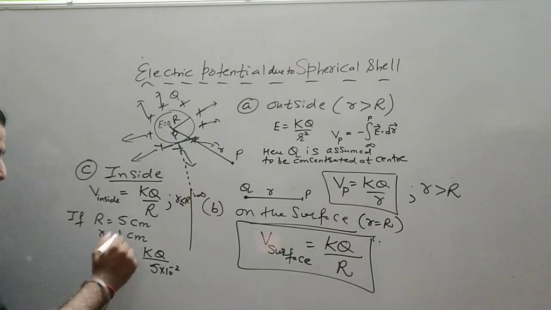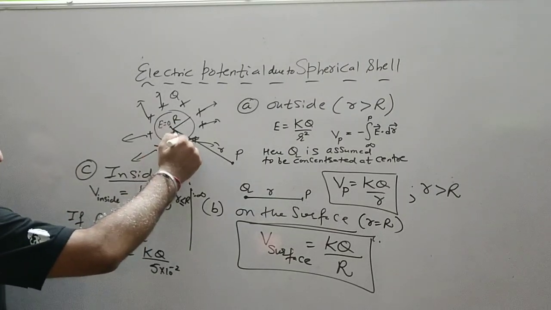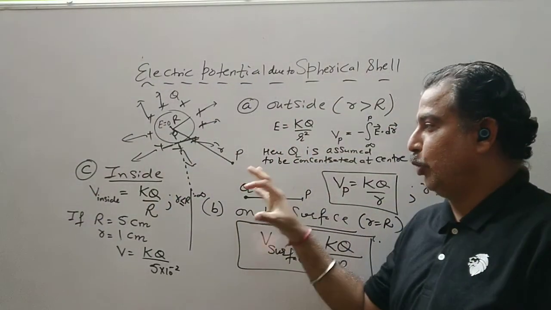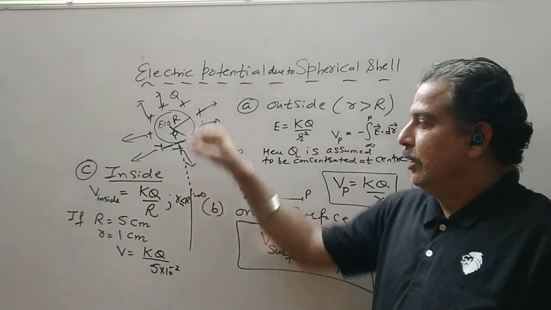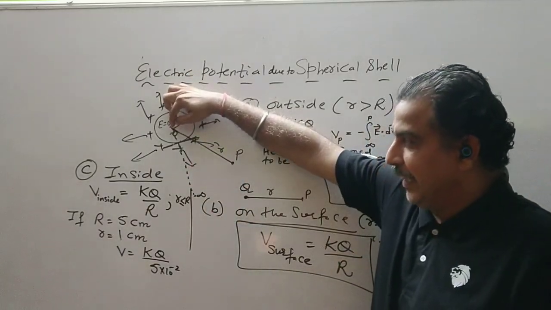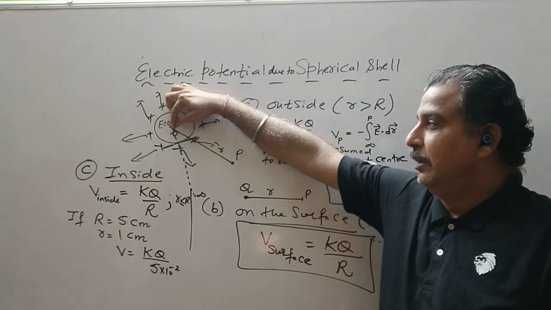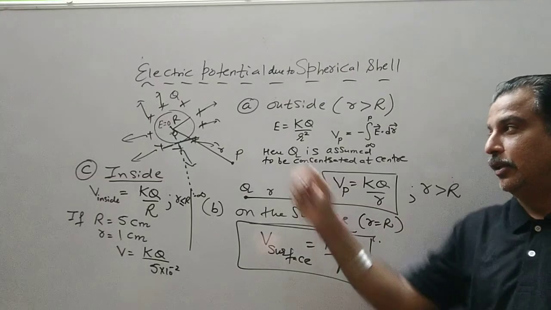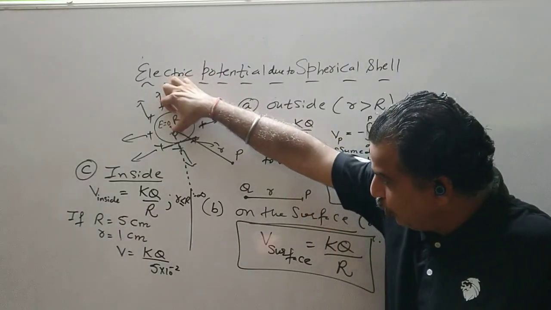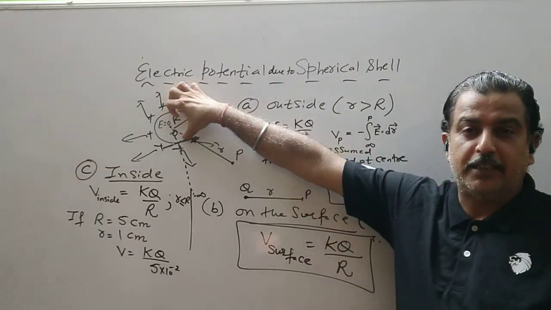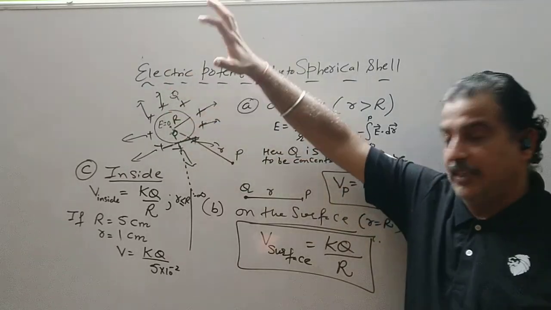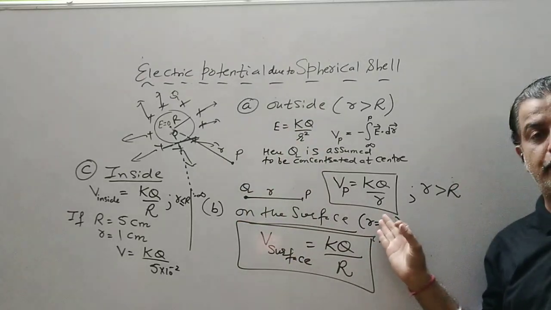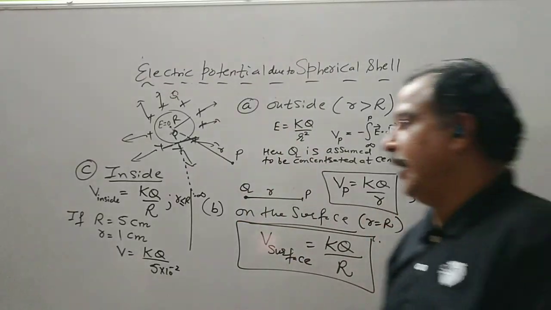Whether you are on the surface or inside the hollow sphere, the potential remains the same. At the center also the potential will be kq by capital R. So from center to the surface, the potential remains constant. On the surface the value is maximum, and then it is proportional to 1 upon r.